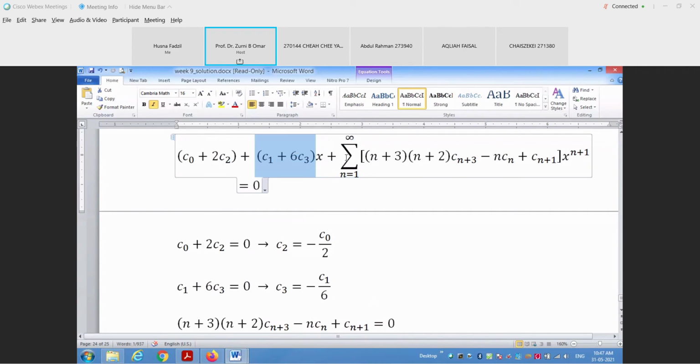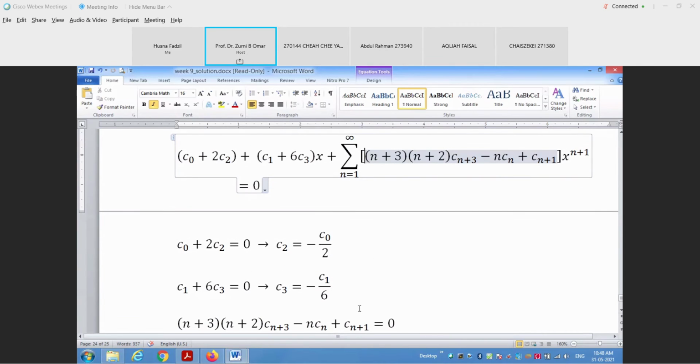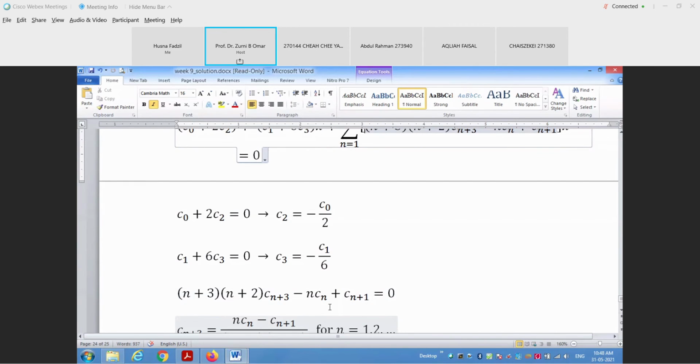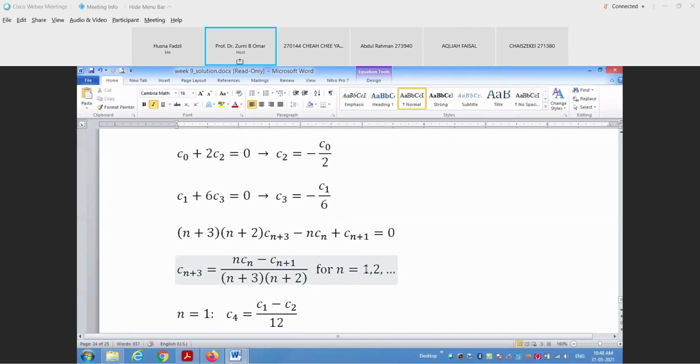And then from this summation, all the coefficients must equal to 0 as well. That means (n plus 3) times (n plus 2) C(n+3), minus n Cn plus C(n+1) must equal to 0. Now you want to express C(n+3) in terms of Cn and C(n+1).